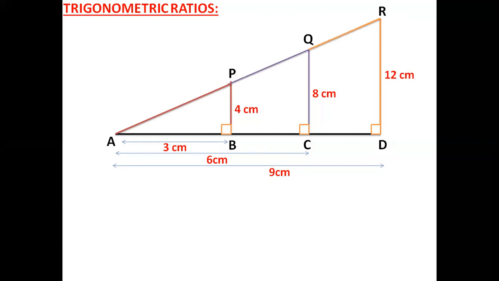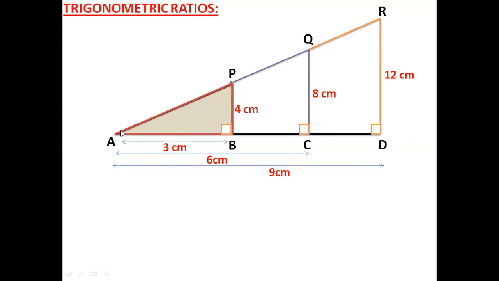If you observe here, one right angle triangle is there, that is right angle triangle ABP. In this right angle triangle, two sides we know: AB is 3 centimeters, BP is 4 centimeters.